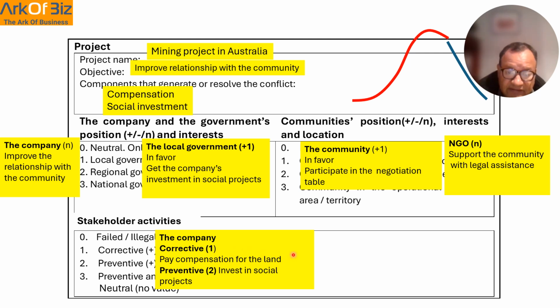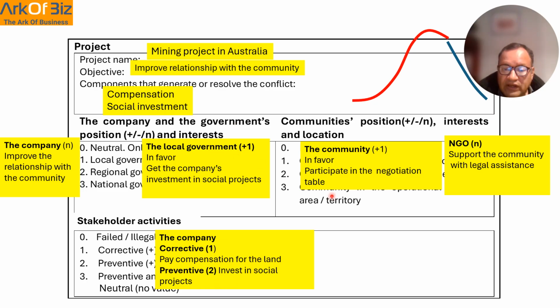After that, the company performed preventing activities, investing in social projects. This is a preventing activity because the community had many needs to be covered, so the company is covering or satisfying the community's needs. This is prevention. So that's why this is a preventing activity.